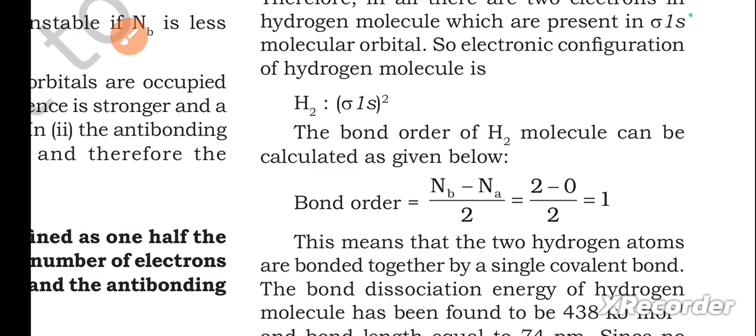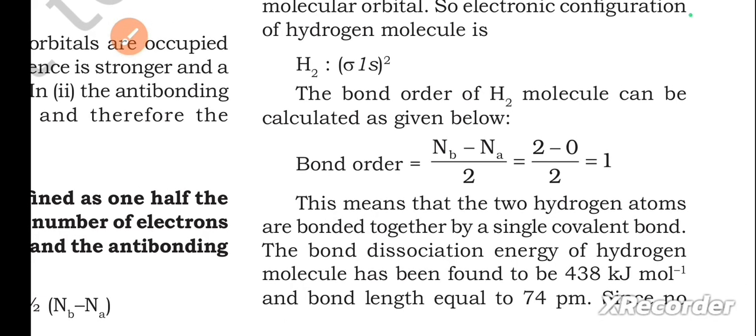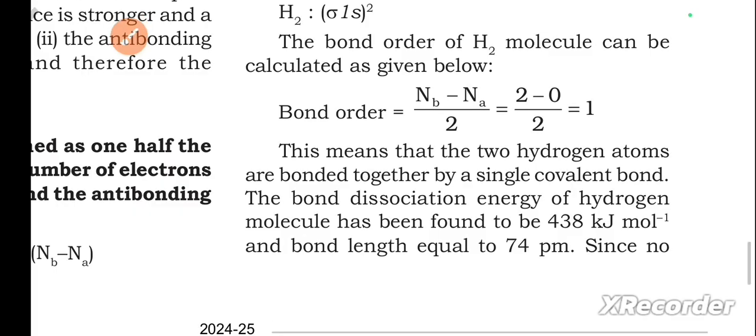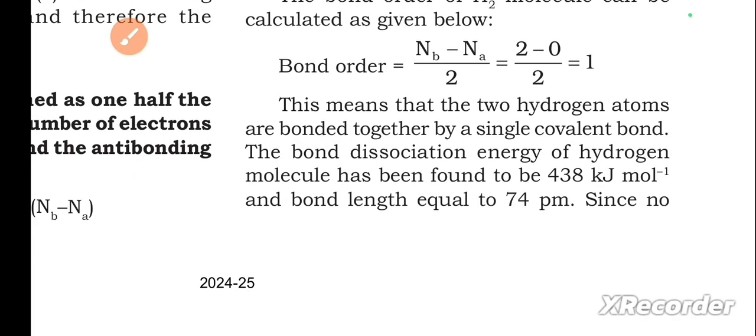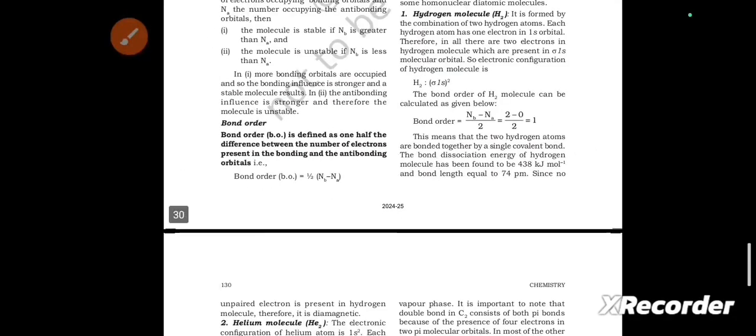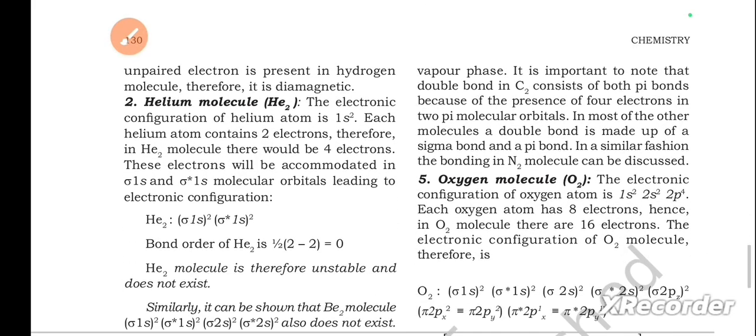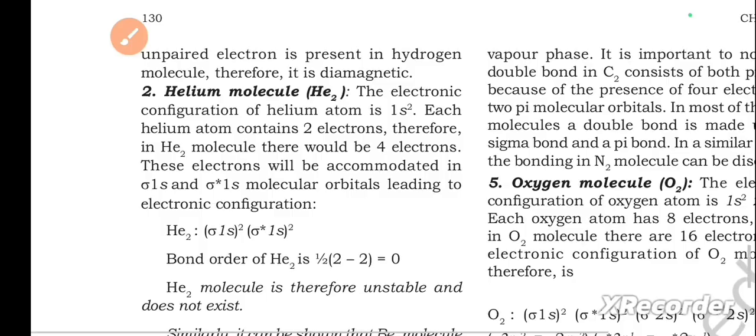The bond order of H2 molecule can be calculated as given below. Bond order equals (Nb minus Na)/2 equals 1. This means that the two hydrogen atoms are bonded together by a single covalent bond. The bond dissociation energy of hydrogen molecule has been found to be 438 kilojoules per mole and bond length equal to 74 pm. Since no unpaired electron is present in the hydrogen molecule, it is diamagnetic.